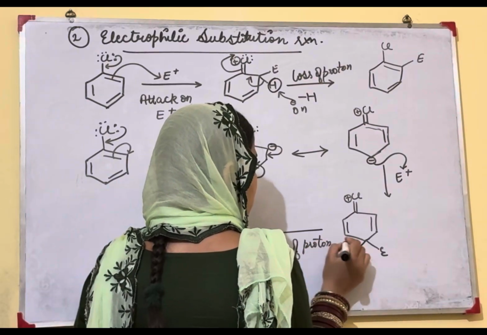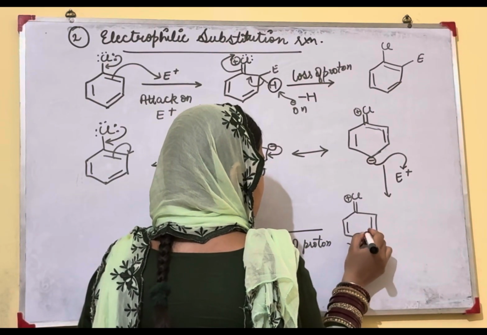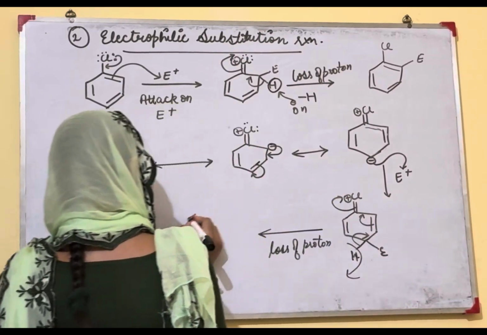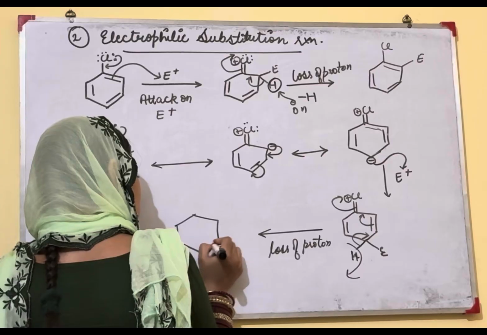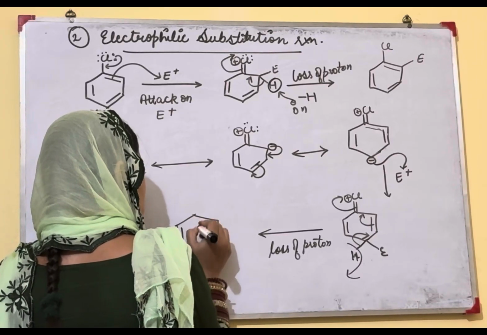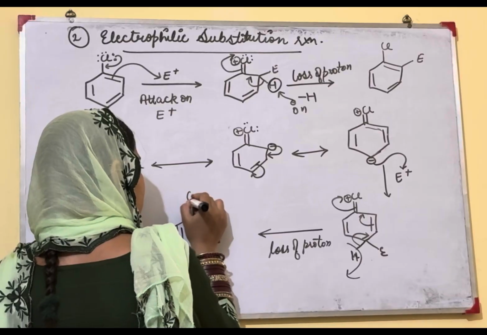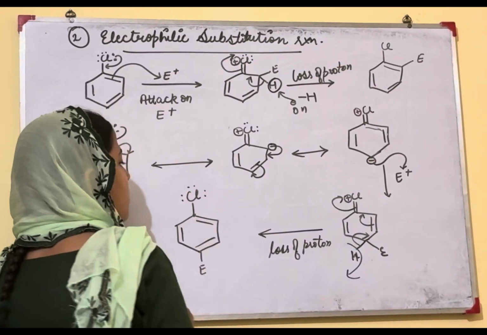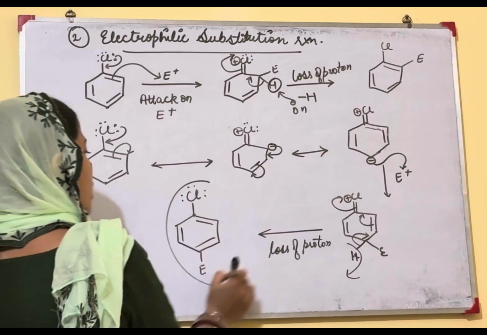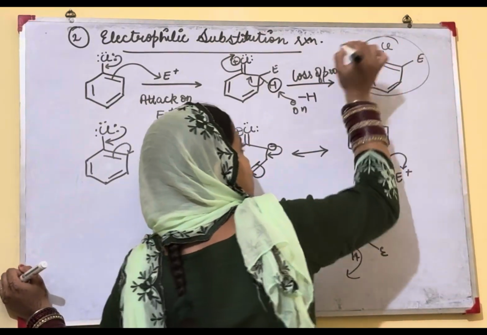This proton will be lost and this bond will move here, this will move here, and this will move here. After this the electrophile will be attached at the para position and these bonds will get formed, and here you get the Cl. So in this way, you will get the ortho and para product.